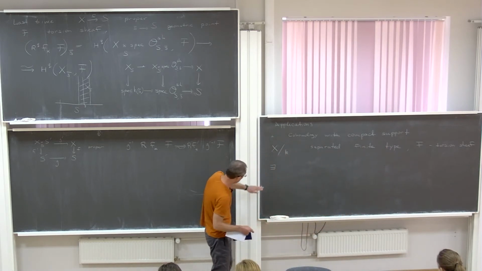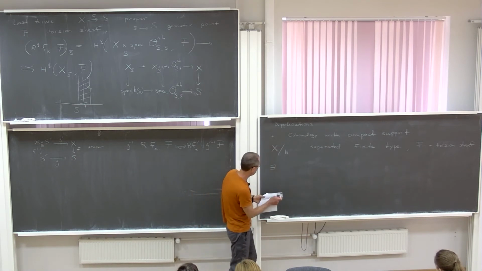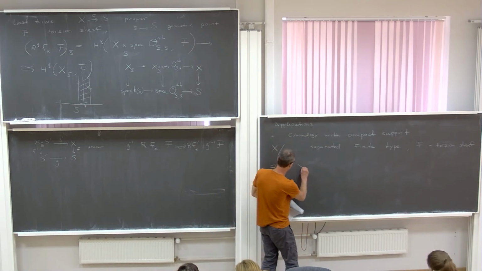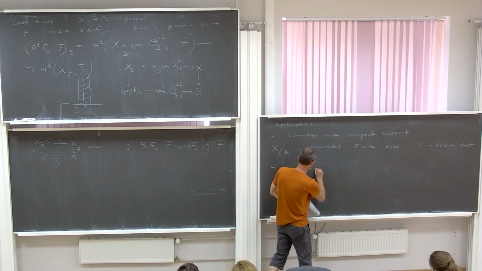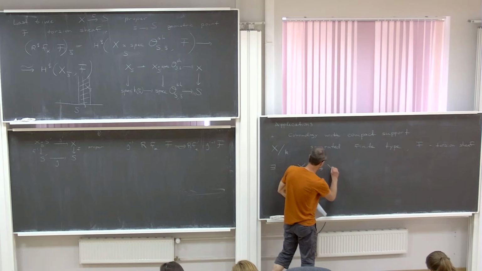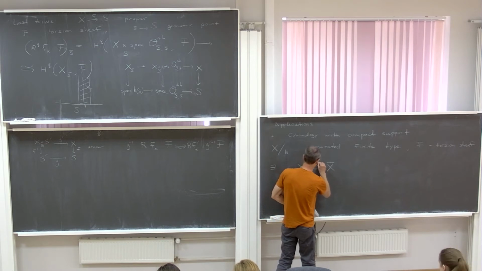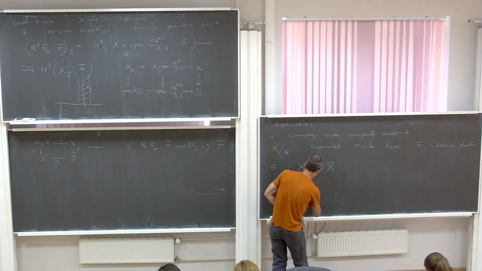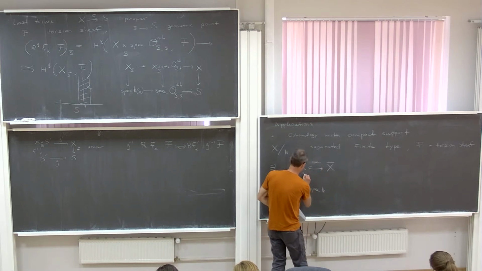So the construction depends on some auxiliary choice. Namely, I have to choose a compactification of X, namely an open embedding to a scheme X bar, which is open, and X bar is proper over spec K.